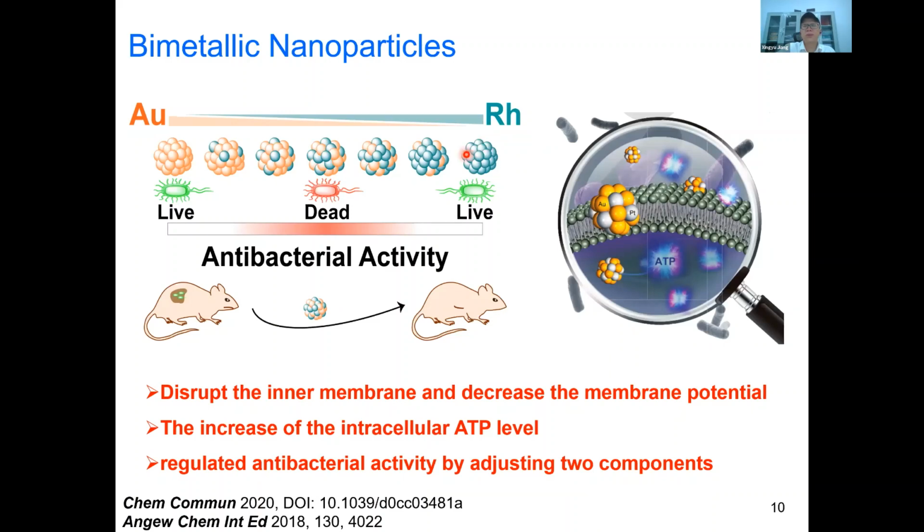So basically, the gold platinum and the gold rhodium were the two that were fairly effective. And the mechanism we think here is a little bit different than the ones that I just told you about, where the surface ligands seem to play a very important role.